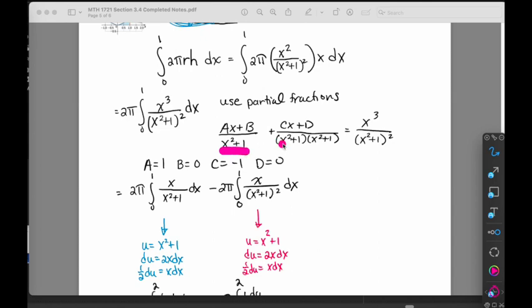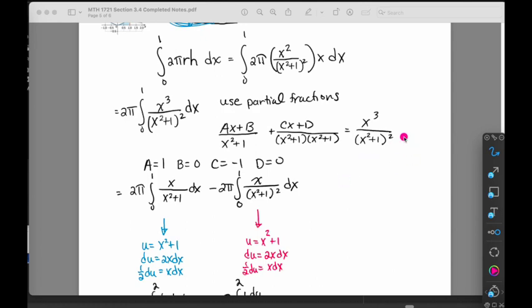Because our factors are quadratic and not linear, we need to set up our numerators as linear. So in our numerators, we're going to have ax plus b, and in the second numerator, cx plus d. And these 2 fractions, when we add them up, should be equal to our original fraction, which is x to the third over x squared plus 1 squared.